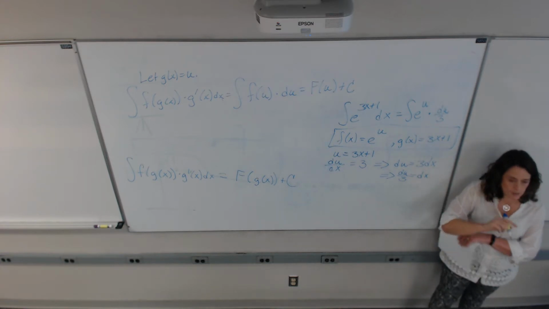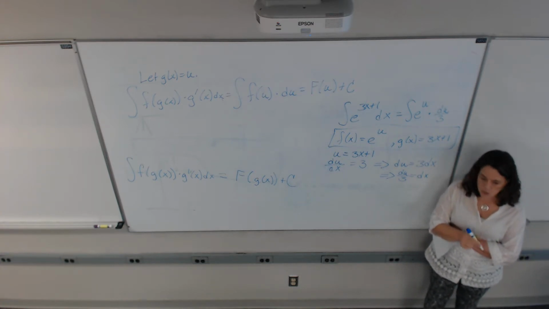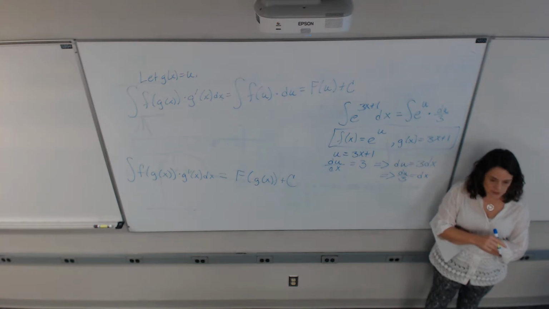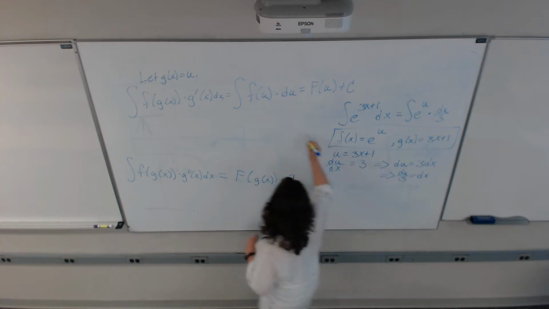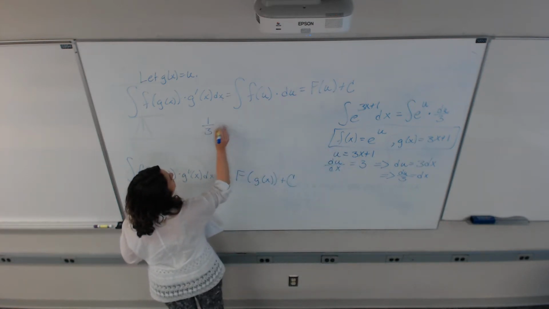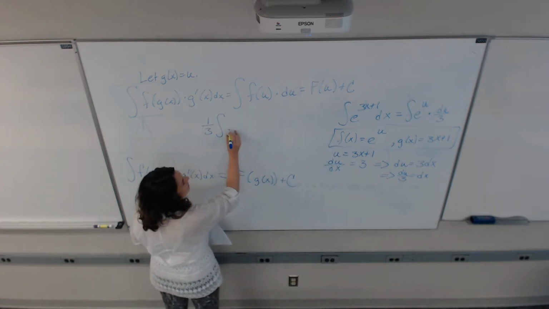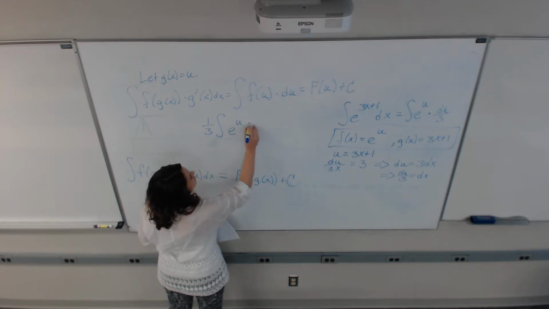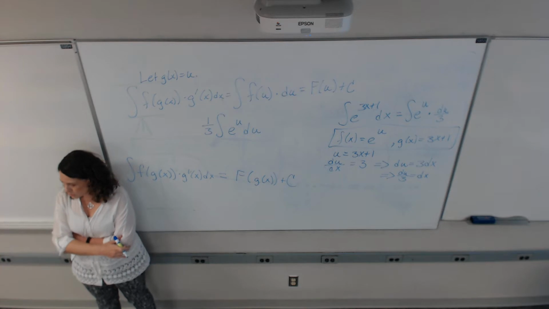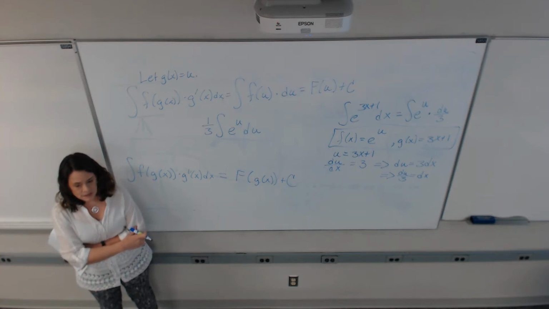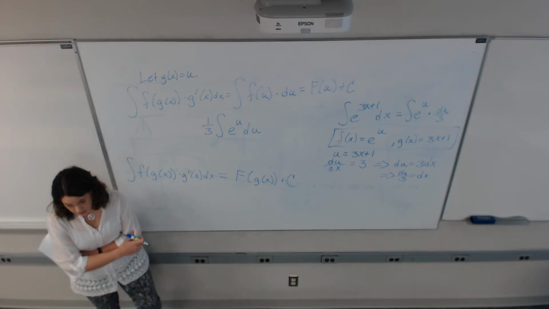Now the divided by 3 is just a constant of 1/3, so what can I do with it? I can pull it outside to the front. So if I pull that outside to the front, I have the integral of 1/3 of e to the u du. What is the integral of e to the u du? It's e to the u plus a constant, right?